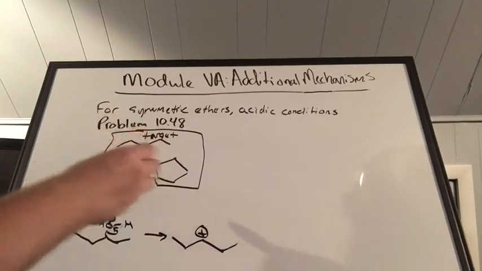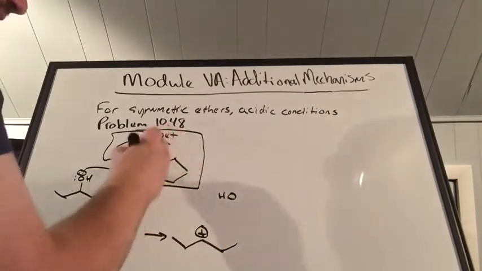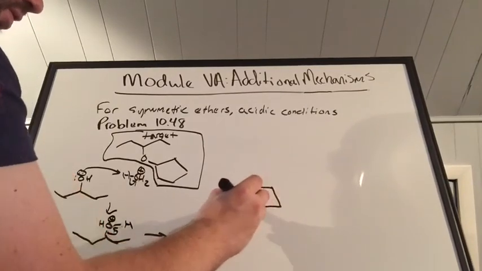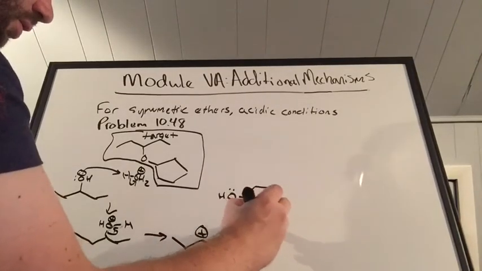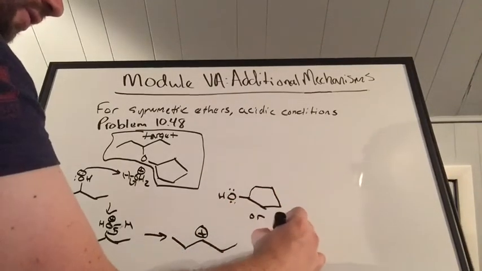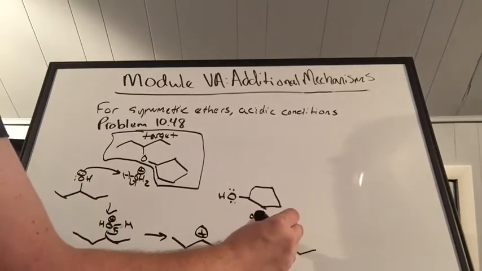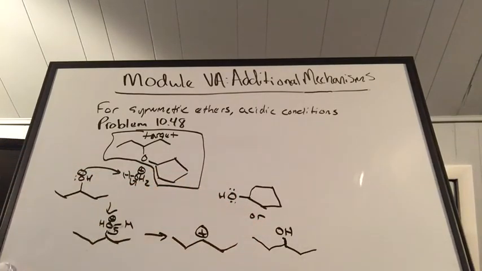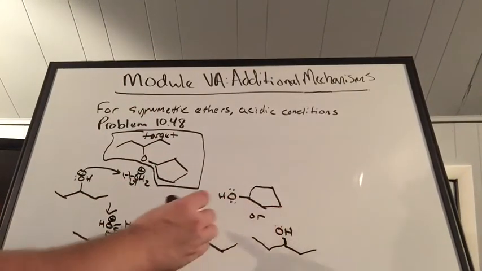Okay, and then you could have two options. One in which you have this alcohol, again, cyclopentanol, act as a nuke, or another equivalent of 3-pentanol, pentan-3-ol, that is going to coordinate right there.